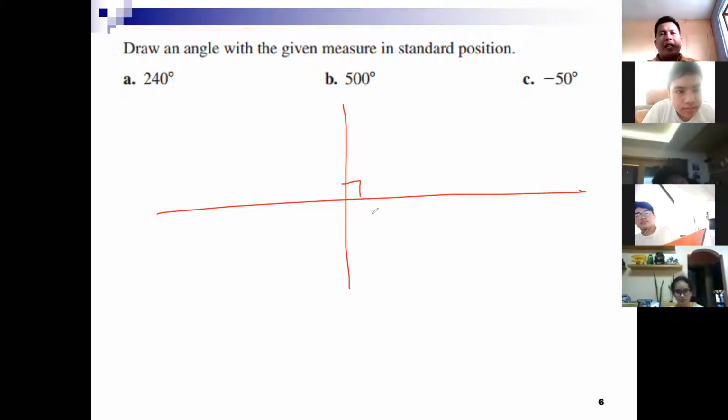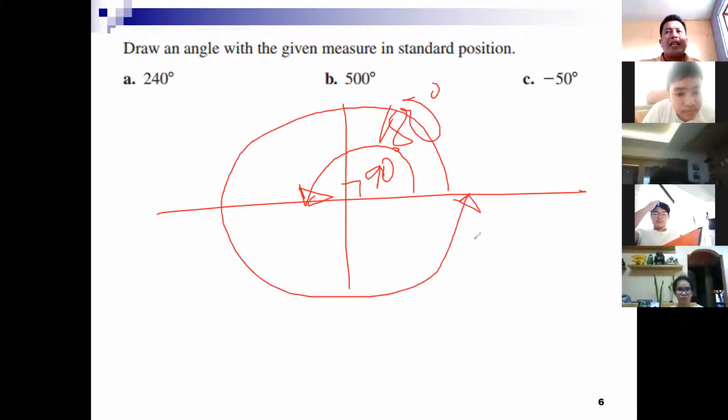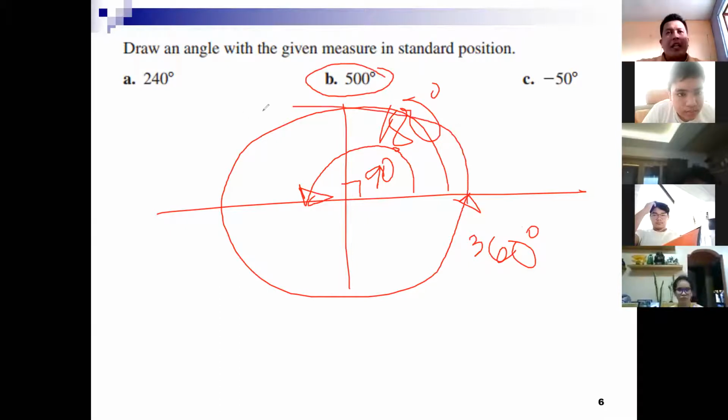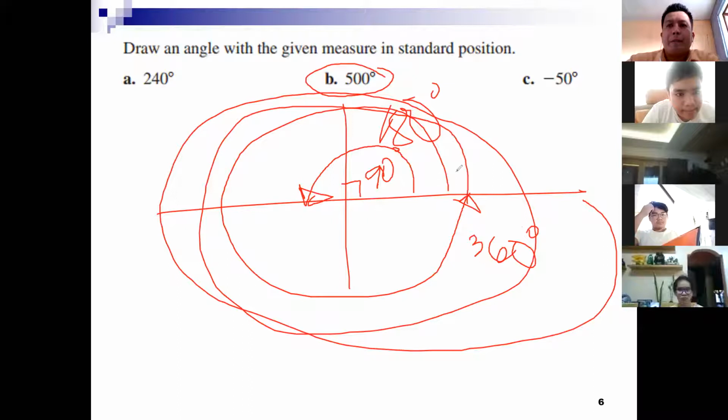And the measure of 90 degrees is a right angle. Half of it is 180 degrees, and one complete revolution is 360 degrees. Therefore, if your angle is more than 360, then it will continue the revolution, depending on how many revolutions are also reflected in the standard position.